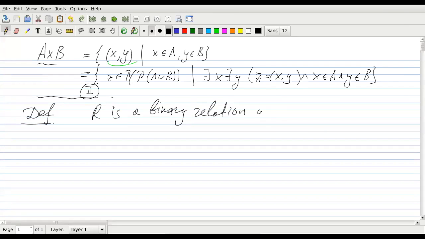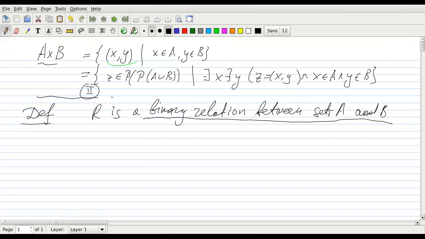R is a binary relation between sets A and B. So we don't speak about a binary relation in general, but a binary relation between sets A and B, if R is just a subset of A times B. So a binary relation between A and B is any subset of A times B, any set of pairs, possibly empty, whose first coordinates come from A and whose second coordinates come from B.